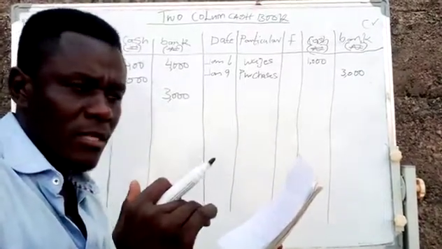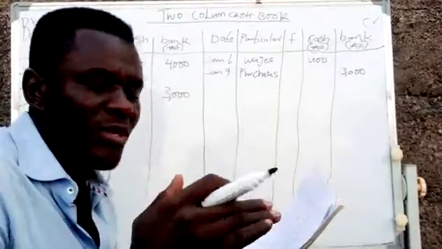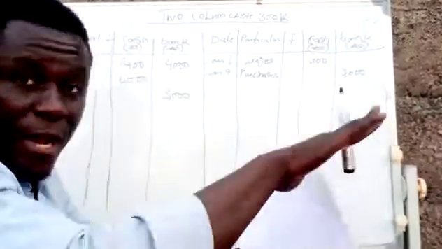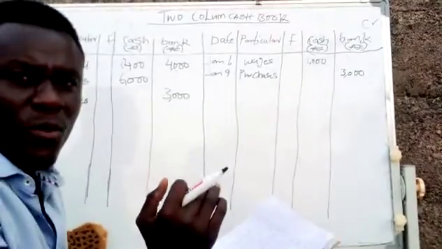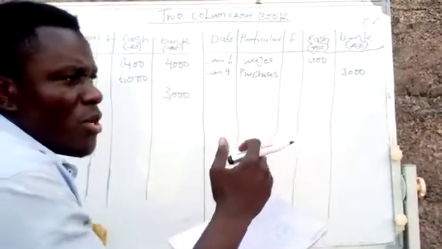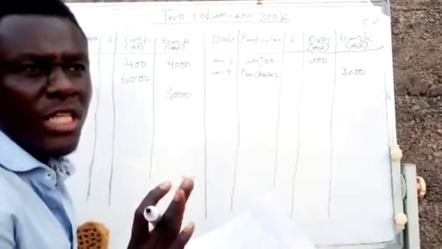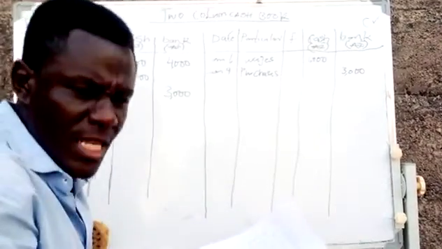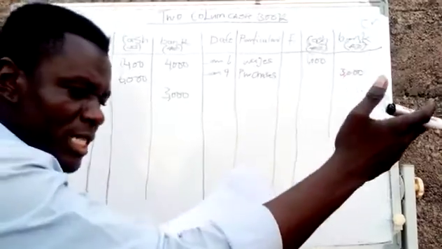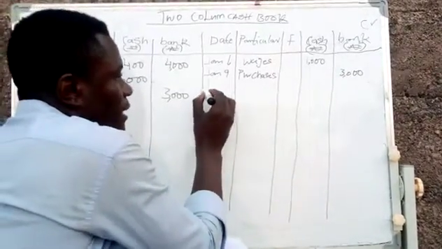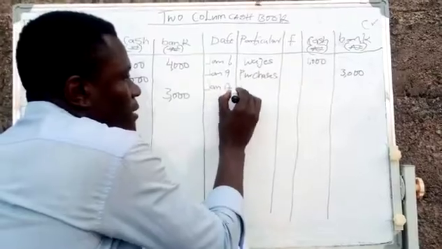January 17, paid rent with cash. Paid is an outflow, which means you're paying for rent. Then it's going to be on the credit side, because you're giving out money, and you're paying for your rent. So you write your date, January 17.